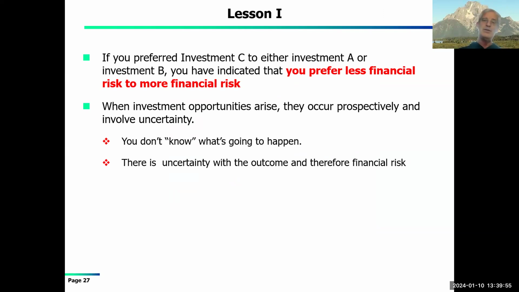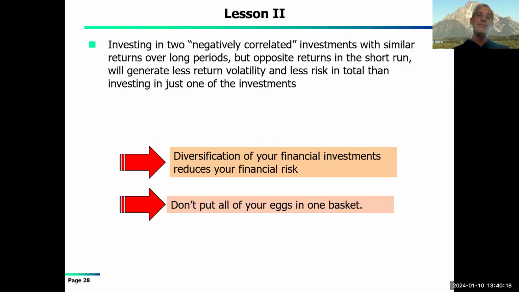When investment opportunities arise, they occur prospectively. They always involve some uncertainty. Especially a group in this age cohort, you have learned you just don't know what's going to happen. There is uncertainty with outcomes. There is therefore financial risk, and the whole thing is about how do you manage it.